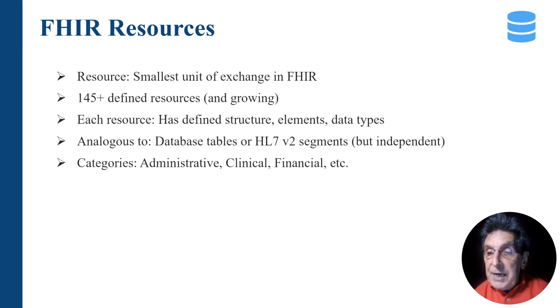Then the financial resources include claim, coverage, explanation of benefit, the payment side of healthcare. So think of resources as analogous to database tables, but more self-contained and with well-defined structures. You could think of a patient resource as similar to a row from the patients table plus associated metadata about the format and version.